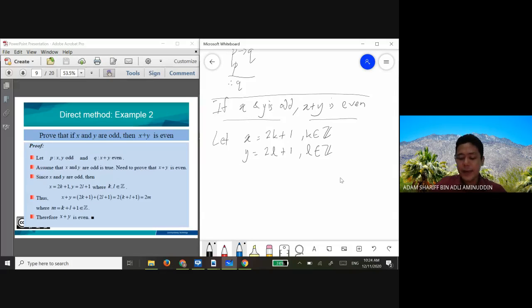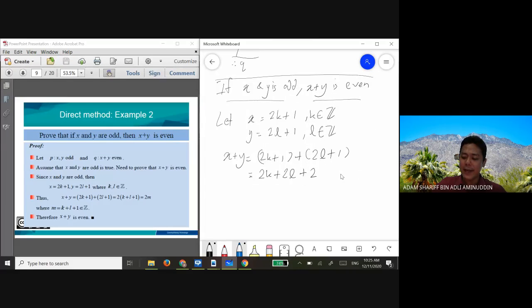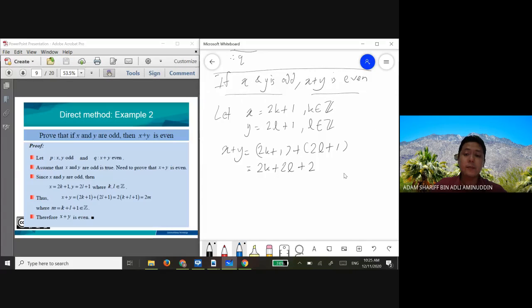Then, let's test what is the summation of X plus Y. Dia jadilah 2K plus 1 plus 2L plus 1. Open the bracket, it becomes 2K plus 2L plus 2. And you don't finish at this point yet because 2K plus 2L plus 2 is not guaranteed to be an even number. Even number must be a multiple of 2. So you can summarize it becomes something like this.